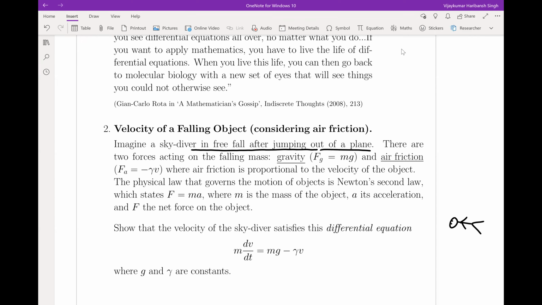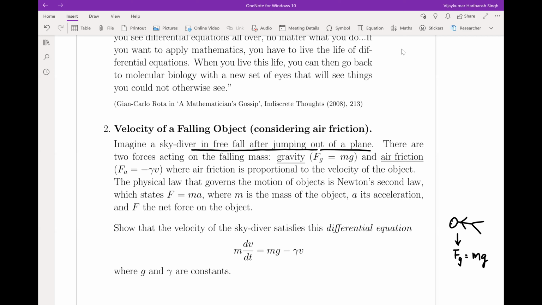Now think about the forces acting on the skydiver. There are two forces acting. One force is acting downward, which is due to gravity: Fg is mass times the gravitational acceleration, which is 9.8 meters per second squared.